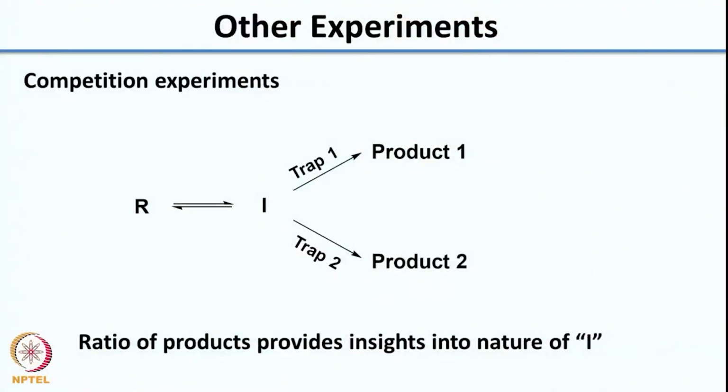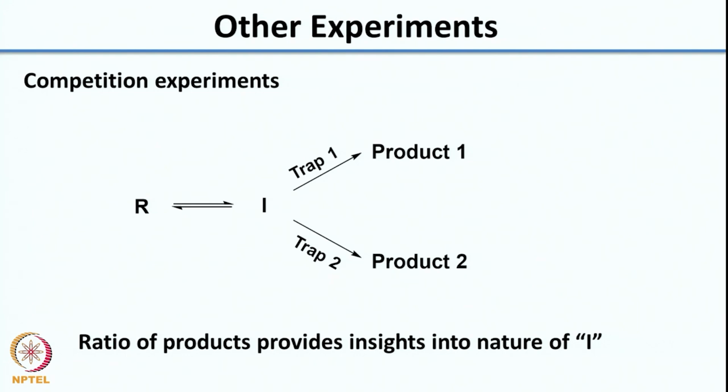Now, there are other experiments that one can do to gain insight into the nature of the intermediate, and one such experiment is the competition experiment. Competition experiment is a slight extension of what we have studied so far with trapping reagents. Just as the name suggests, competition means you have something competing with the other.